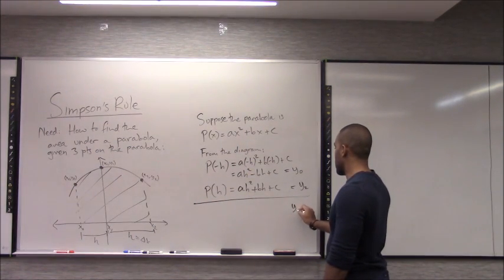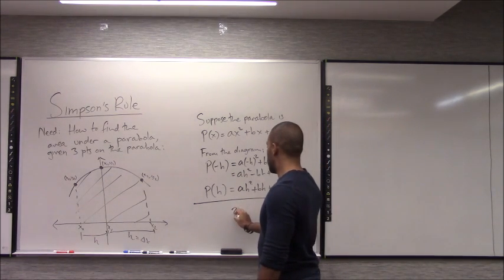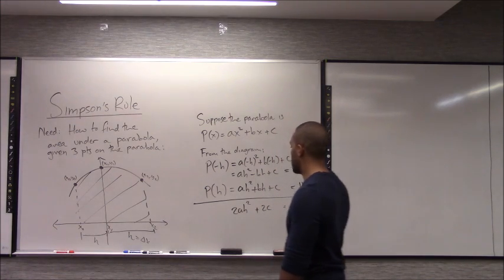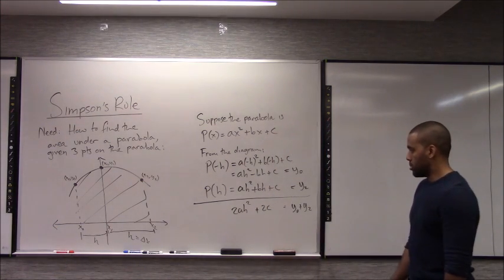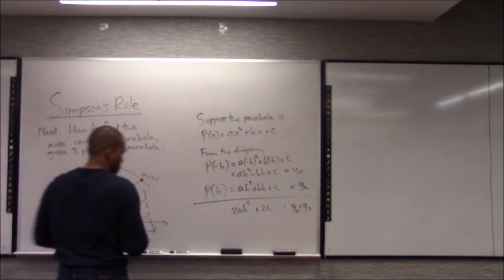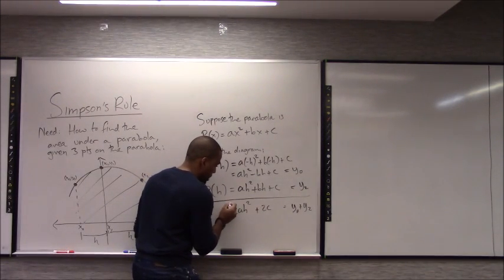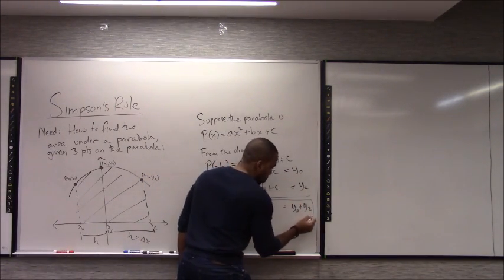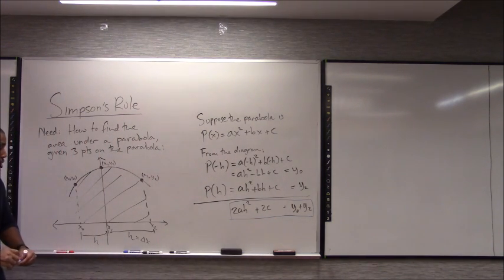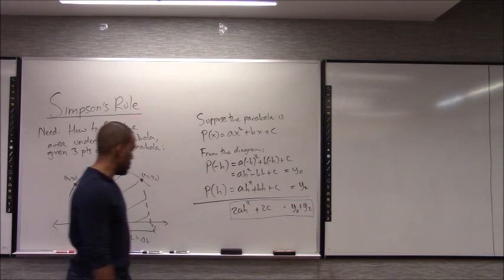So I can figure out that y0 plus y2 is going to give me 2ah squared plus 2c. So we're going to come back to this. Remember that I can add the y values at the end points, and I get that expression, 2ah squared plus 2c.